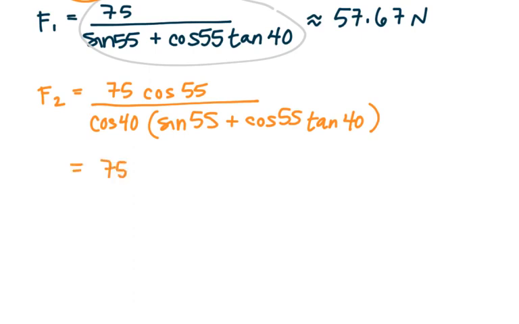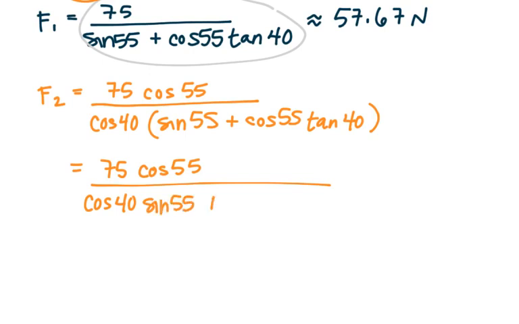Or as it's written in your book, 75 cosine 55 over cosine 40 sine of 55 plus cosine 55, and cosine 40 times tangent 40 is sine 40. And that value is approximately 43.18 newtons.